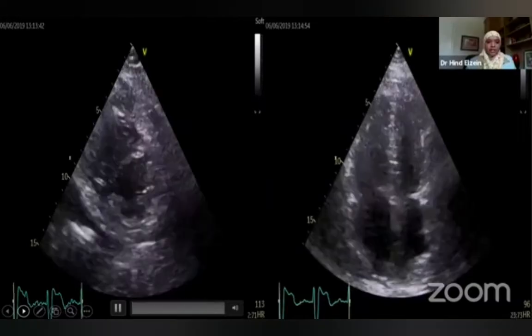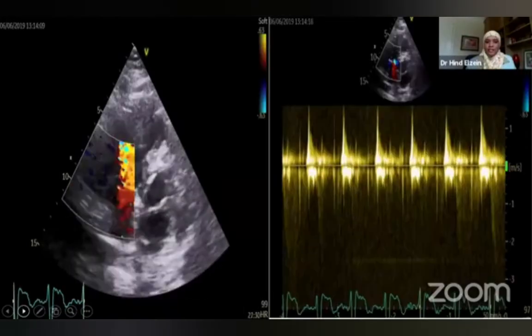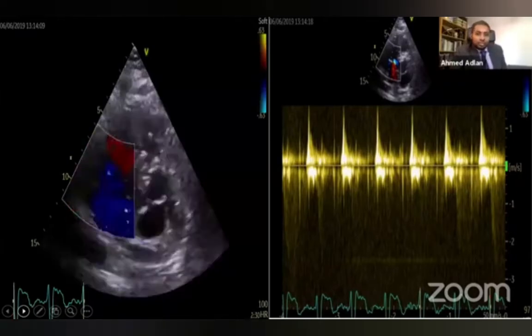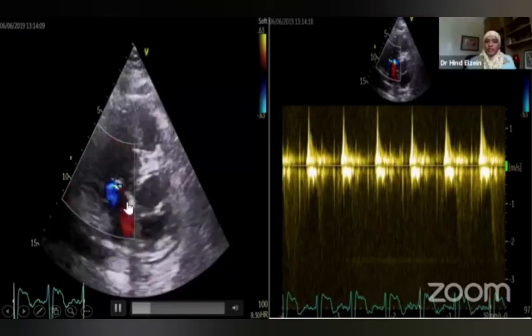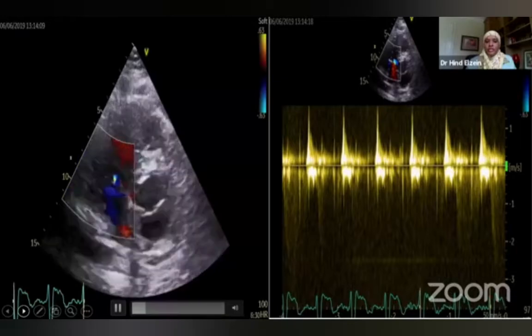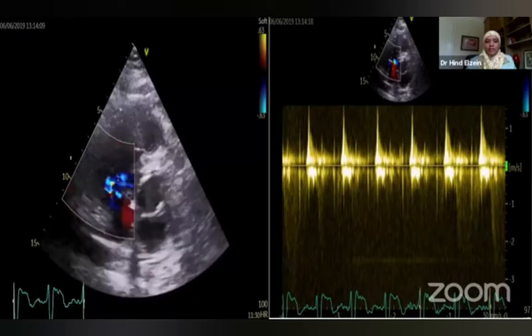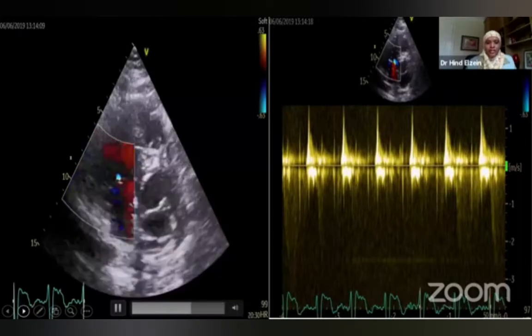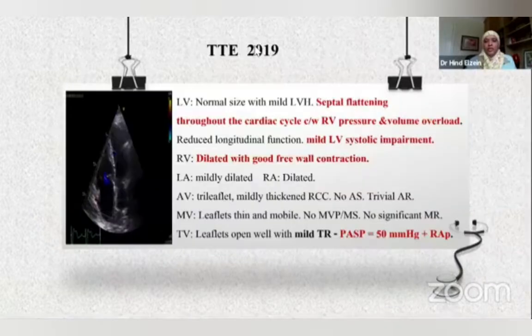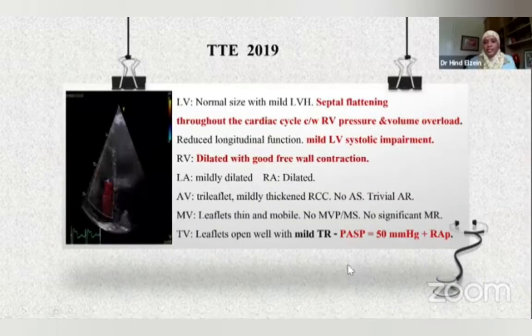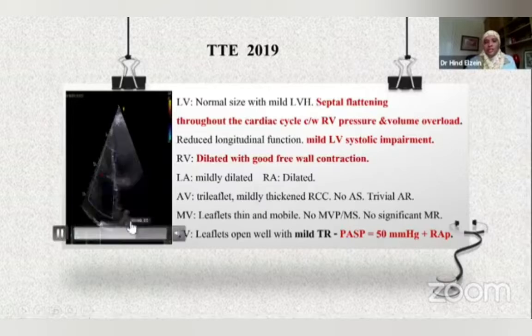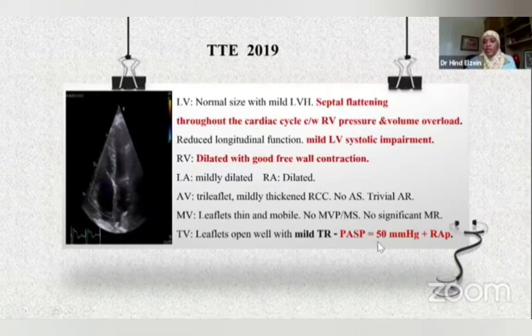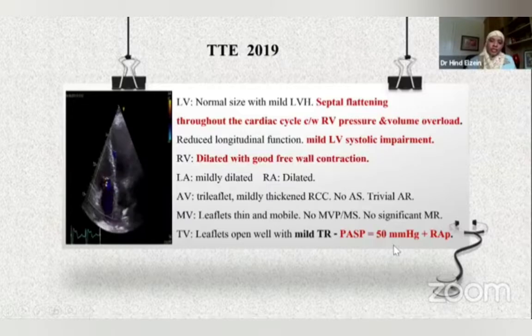Okay, good. I agree with what you've said, and just to add, the color flow across the tricuspid valve probably shows mild tricuspid regurgitation. The Doppler here is not quite clear, but from the report, it was reported as mild TR with increased pulmonary artery pressure, estimated at probably 55, possibly up to 60 millimeters of mercury.